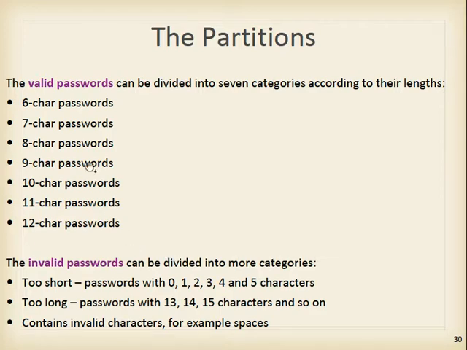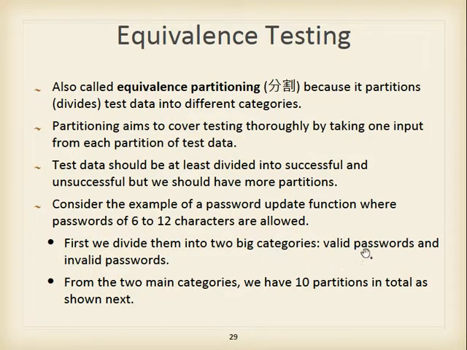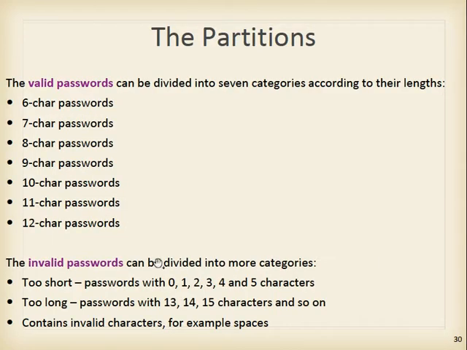So we can now repartition the previous valid and invalid into valid and invalid for different reasons. One reason is perhaps it has not enough characters, another is that it has too many, and the last one is that maybe it contains unacceptable characters.